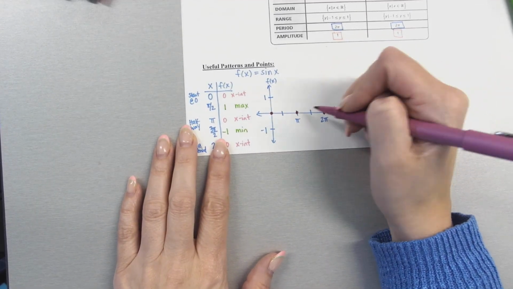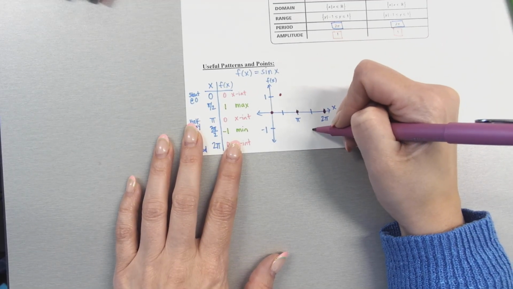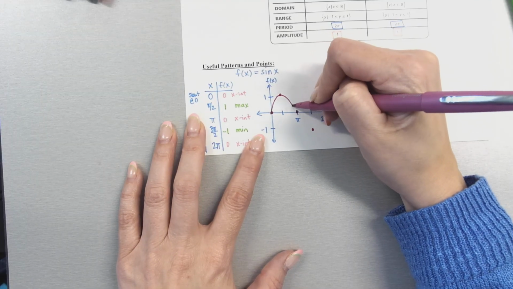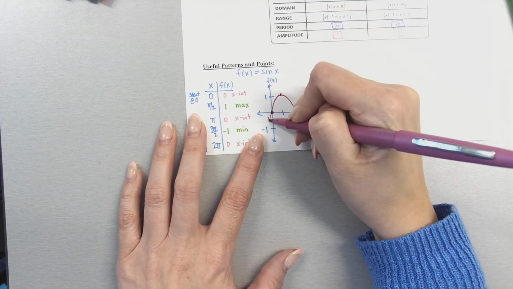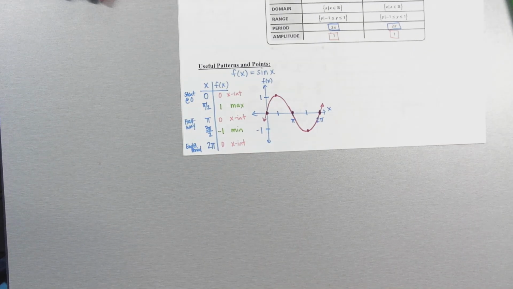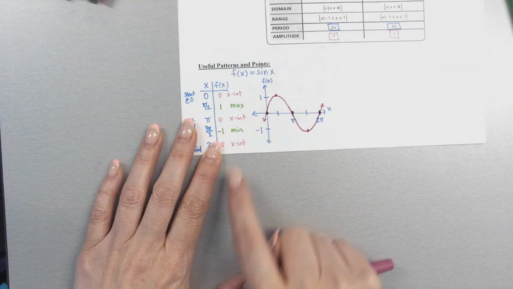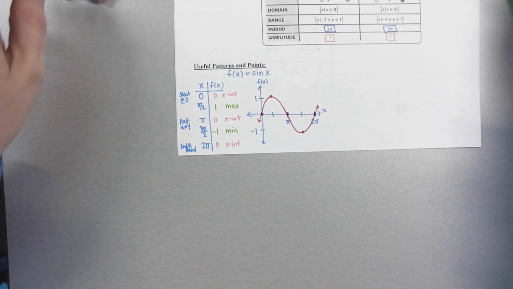So we go 1, 2, 3. The fourth point we graph is the max, then the min. And then remember, we connect these with a curve. Those do need to be curved. And then we put the arrow. This is going to continue. This is going to continue. And that is your graph of sine.